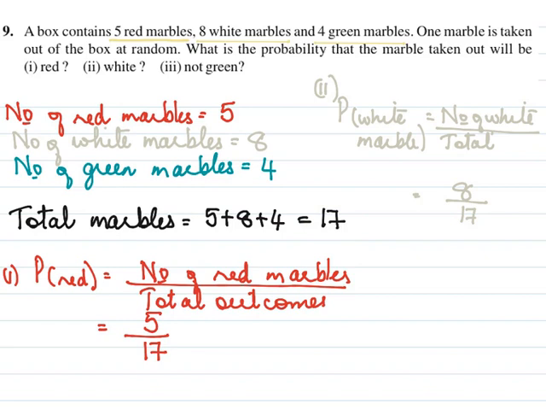And the last one is, what is the probability of not green? So for the third, if it is not green, how many marbles are not green? So we have not green favorable outcomes.